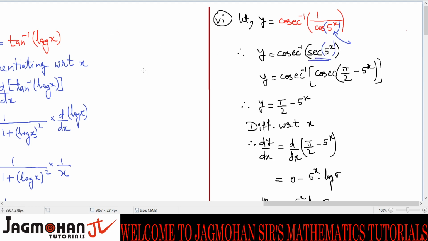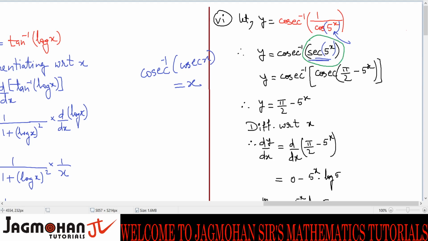You know, if I have cosec inverse of cosec x, then I can directly write this as x. Cosec inverse of cosec x is x. So my aim here is to write this sec of 5 raised to x as cosec of something.